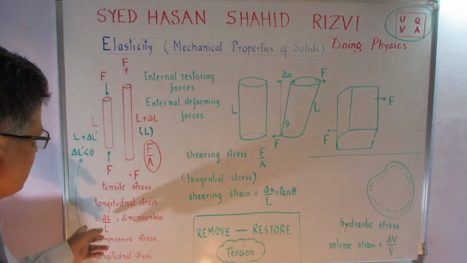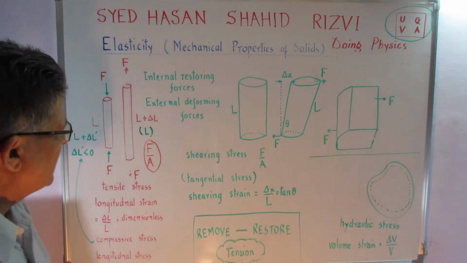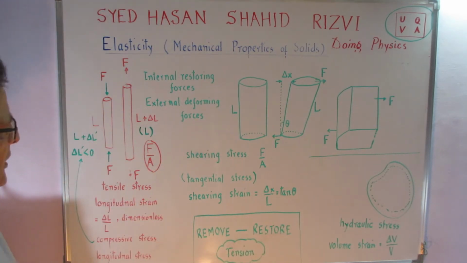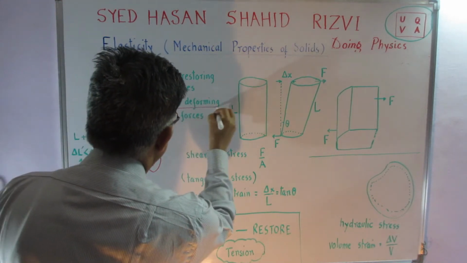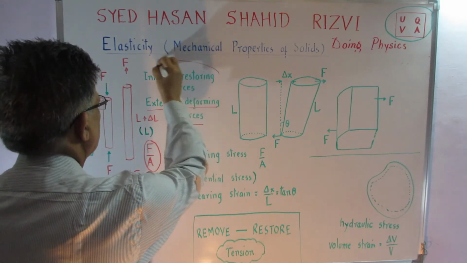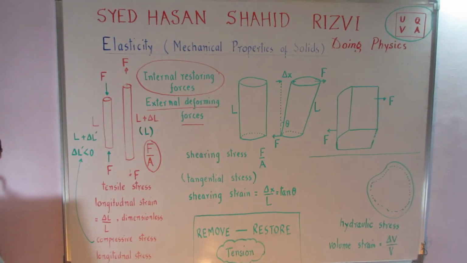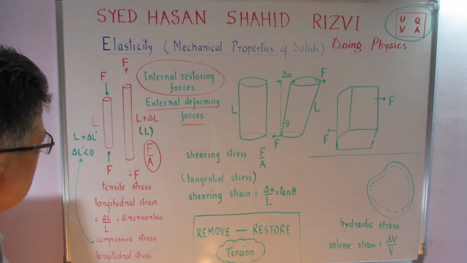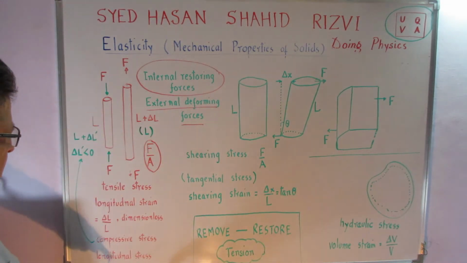In fact, all such quantities are dimensionless, like volume strain, etc. So remember, there are external deforming forces, and then there are internal restoring forces. They come into play. So therefore, this phenomenon over here is the tensile stress and the longitudinal strain.